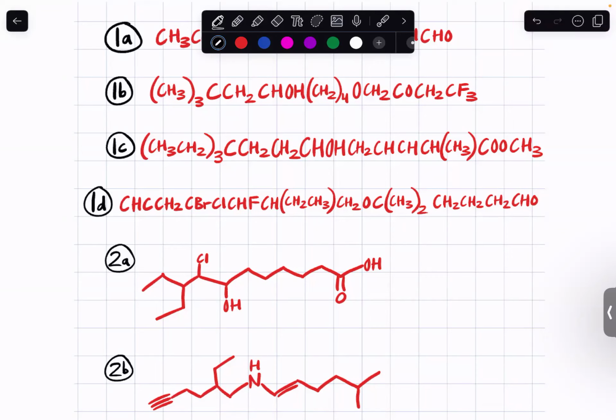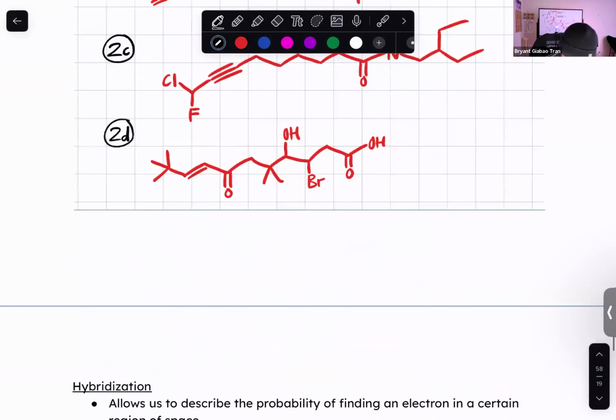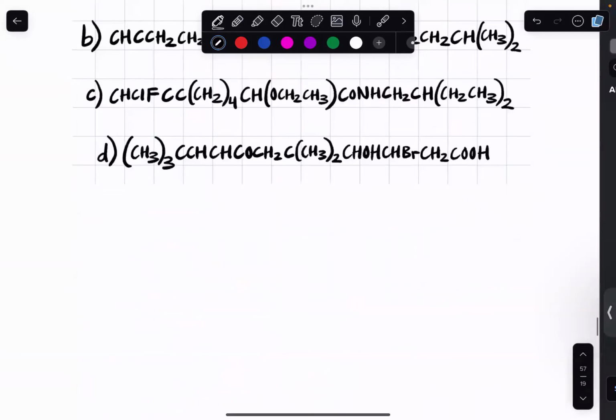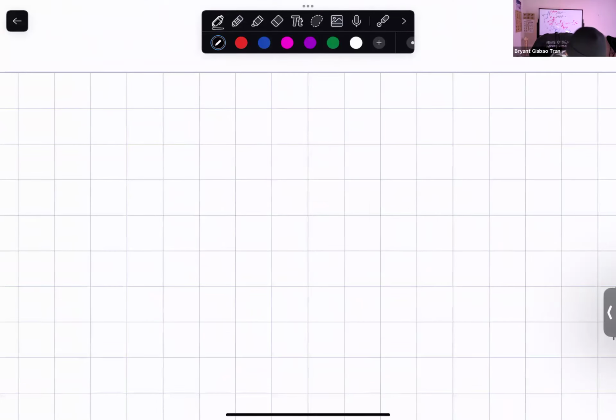Let's see. Let's do one that looks hard. Okay. Let's do J, K, and E. Let's do E. Where's EJK?